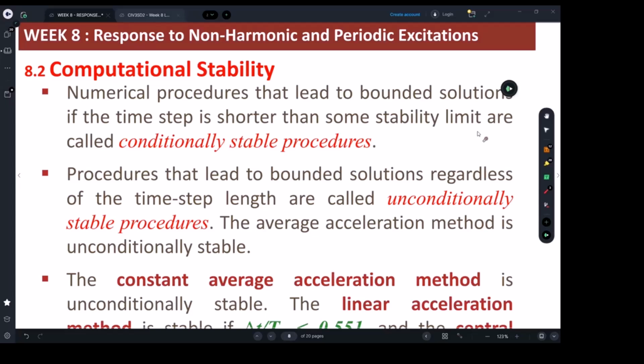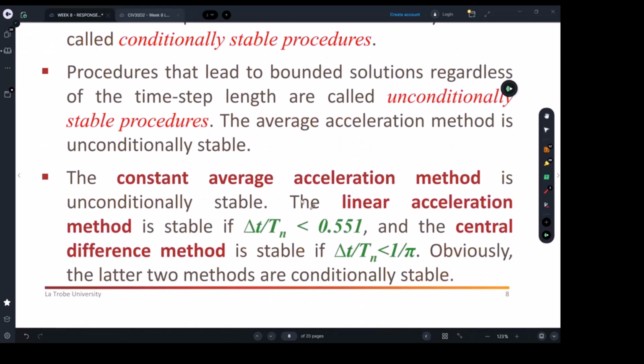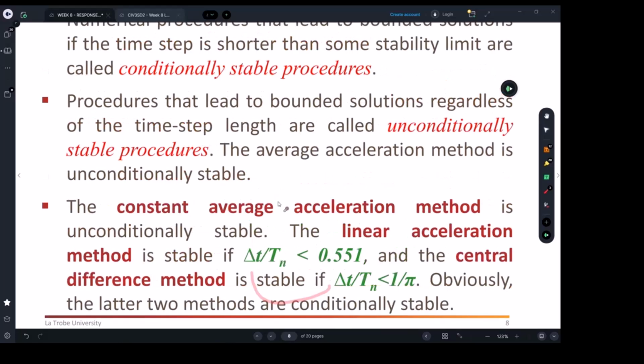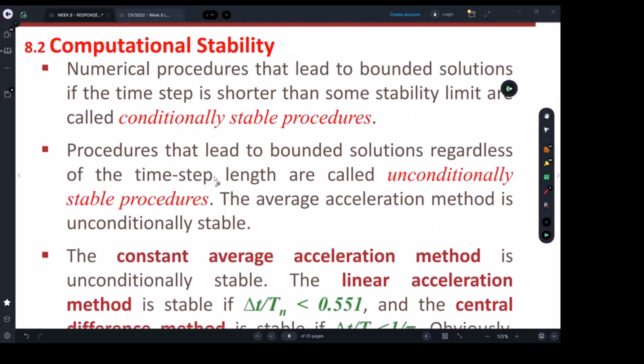So if a method tells us you are able to use it when you choose a time step smaller than a particular limit, then those are conditionally stable methods, and we have some of them, as you're going to see later on. There are some other methods which are unconditionally stable procedures. That means they don't give you such limits. You can use whichever time step you like.